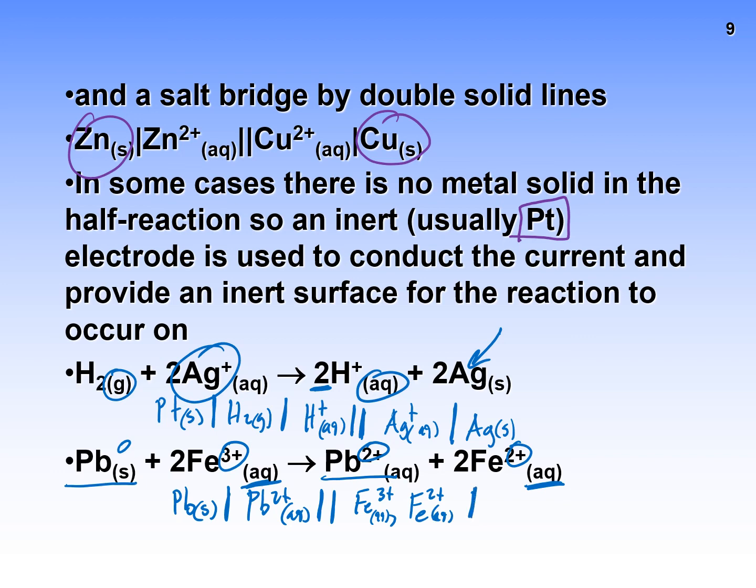Then I do a vertical line and Pt platinum solid for my stand-in electrode. Now again, these lines are only going to separate things that are in different physical states. Since both irons are in the aqueous state, we just put a comma. And it doesn't actually matter which order you put them in because we know it's the cathode, so we know the Fe3+ has to be the reactant and the Fe2+ has to be the product because that's the only way we get a reduction in the oxidation number.